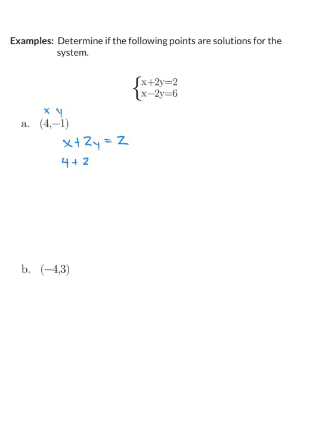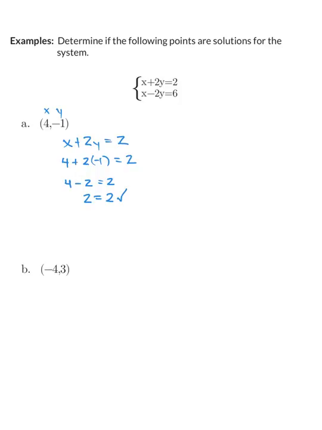For y, I'm going to replace it with -1. I want to know if this is equal to 2. We want to simplify both sides of our equation. So we get 4, 2 times -1 is -2, equals 2. 4 minus 2 is equal to 2, and is that equal to 2? Yes. So this one checks out.